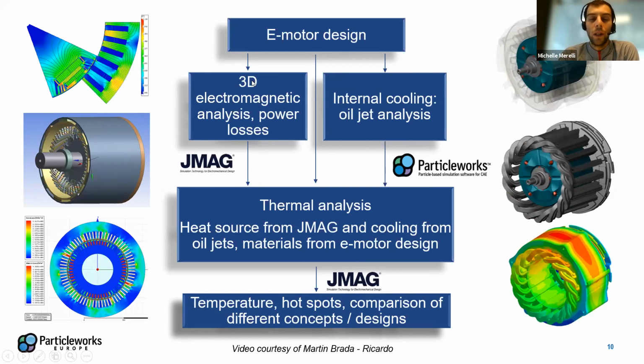First things first, we need, of course, to do the 3D electromagnetic analysis to extract the power losses, and also the electromagnetic analysis of the e-motor in general to understand what properties we need to include. And then we can move in parallel, and once the model is transferred to the CFD system, we can analyze the oil cooling simulation and strategies.